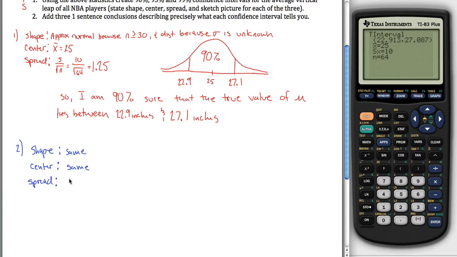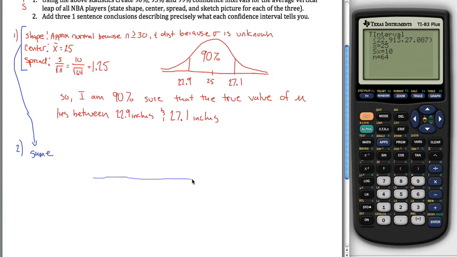My value of n is still the same. So it's going to be the exact same for all 3 of them. You know what? I'm going to save some time. I'm going to say this right here is the same.